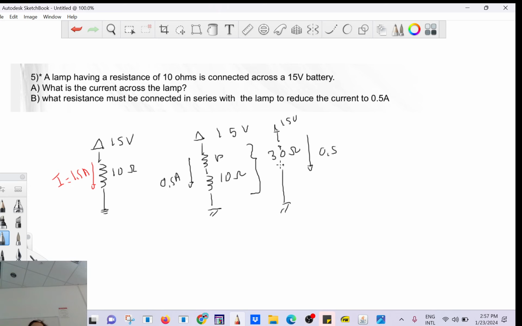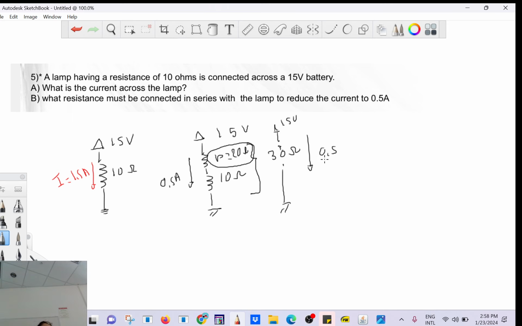The resistance has to be 30 ohms. So if the total is 30 ohms and this is 10, how much is that R here? 20. So that will be the answer. So if you have a 20 ohms and a 10 ohms, everything happens like you have a 30 ohms. And 1.5 divided by 30 is 0.5.